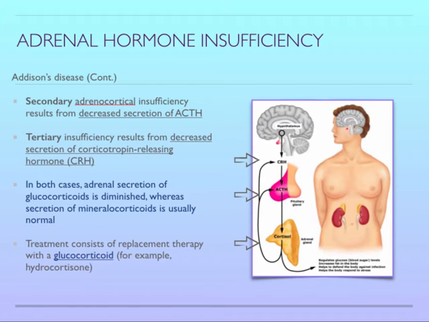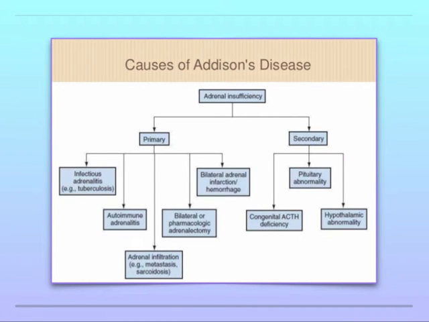So in both secondary and tertiary, the glucocorticoids are diminished, whereas the secretion of the mineralocorticoids is actually normal. Treatment for this is replacement therapy with glucocorticoids, but usually they use hydrocortisone for this one as well.